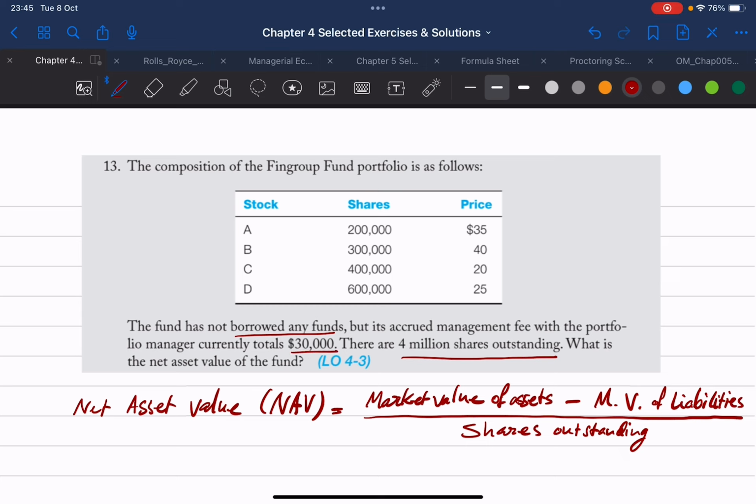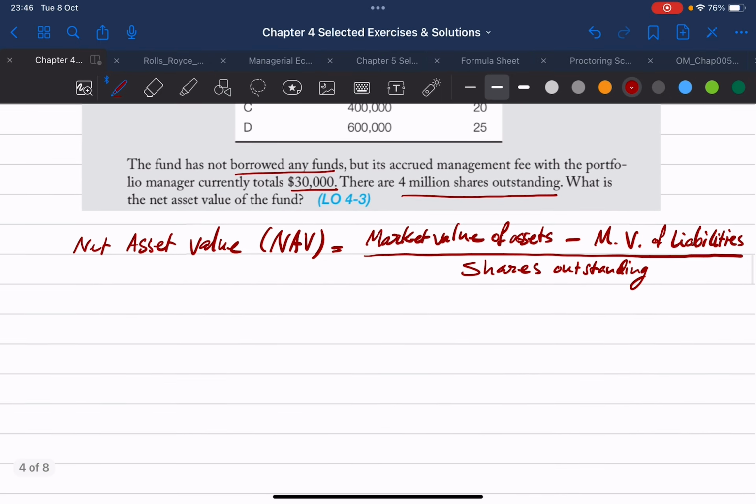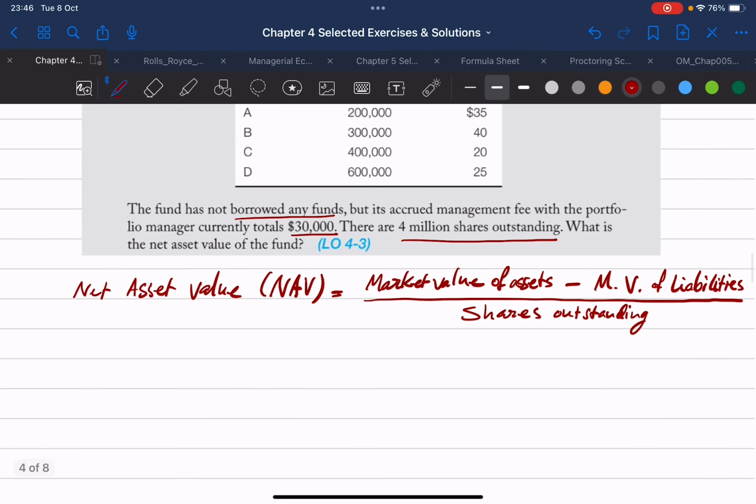So that will take the liability side. So all that is left for us to find out is the market value of the assets, which we can figure out from the information provided here. Okay, so what I'm gonna do, I'm gonna calculate the market value for each of the 4 stocks, and then we will add it together.